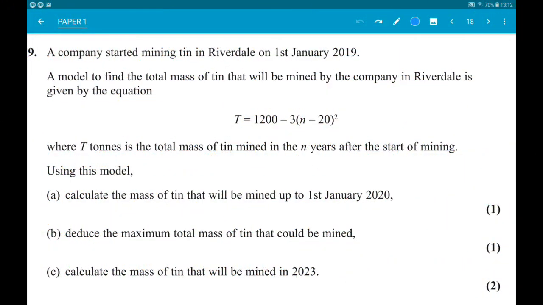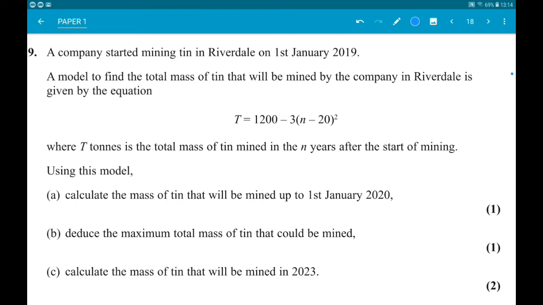Number 9. A company started mining tin in Riverdale on the 1st of January 2019. Our model to find the total mass of tin mined is T equals 1200 minus 3 lots (n minus 20) squared, where T tons is the total mass of tin mined in the n years since the start of mining. So, using the model, calculate the total mass of tin mined up to the 1st of January 2020.